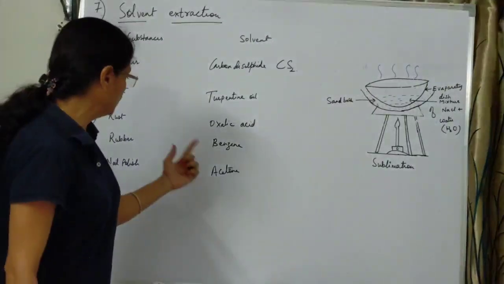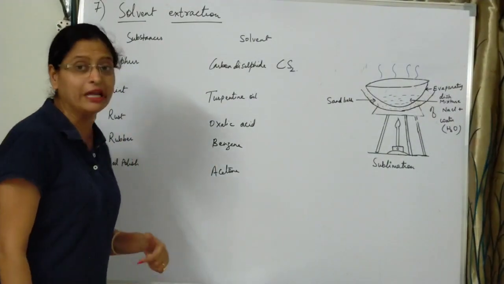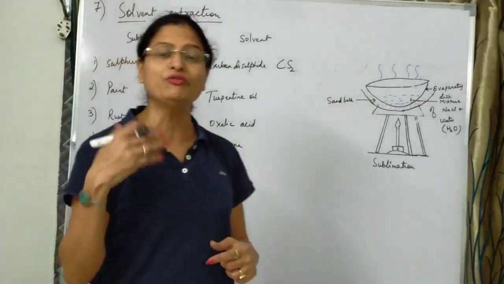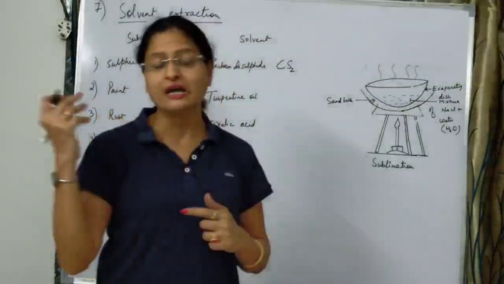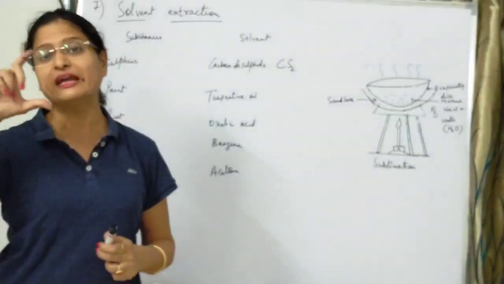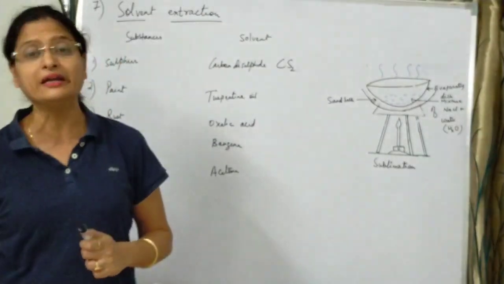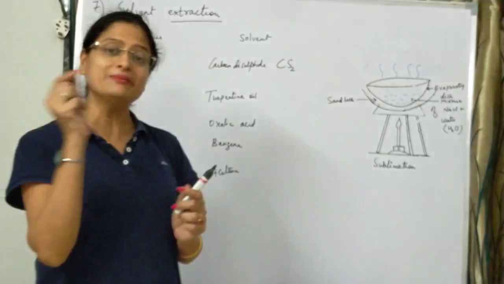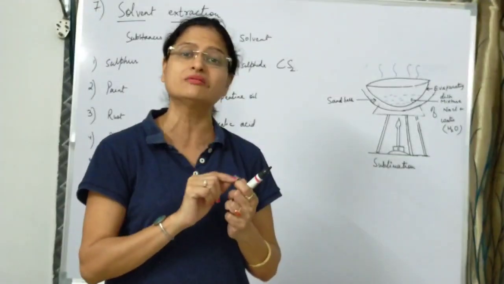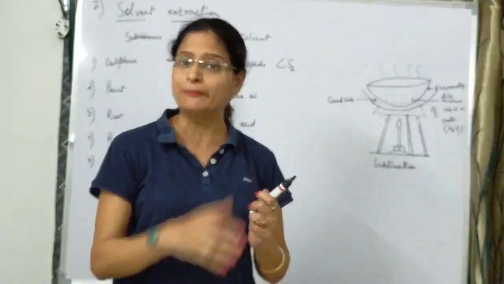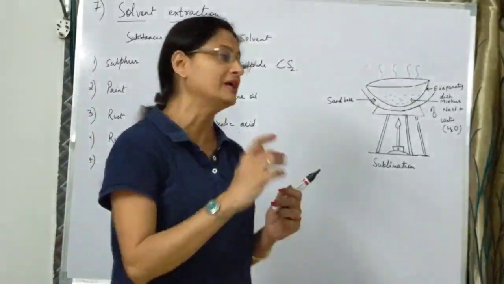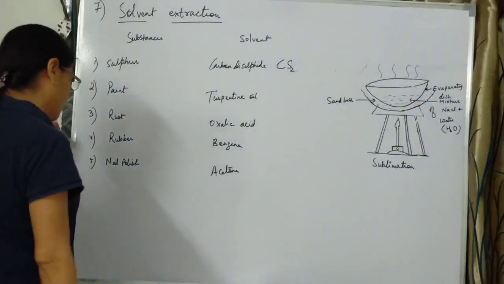Why? Because acetone is a very good solvent for nail polish. Every time we want to change our nail polish color according to our clothes, we get that bottle, that colorless liquid, which is nothing but acetone. You rub it over your nails, your nail polish gets removed and then you can apply another color.